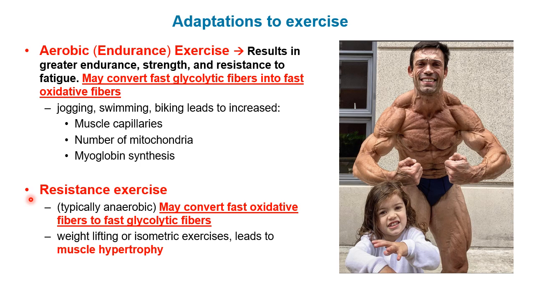Okay. Now, this other type of exercise is resistance exercise. This is the one with the weights, right? That's my friend Lucas here, right? So this type of exercise is typically anaerobic, right? You imagine when you are pulling those weights, you're contracting the muscles so hard and you're constricting the blood vessels that are supplying the muscles.